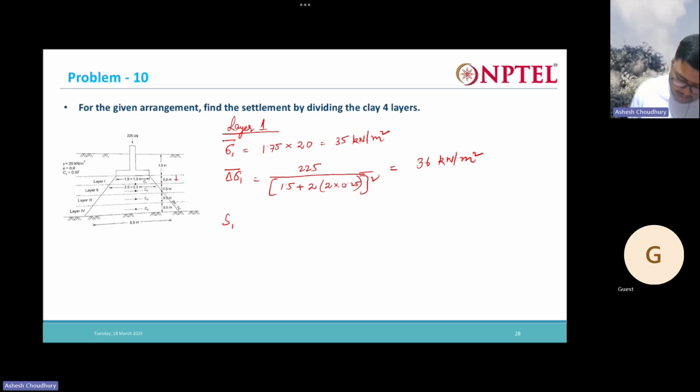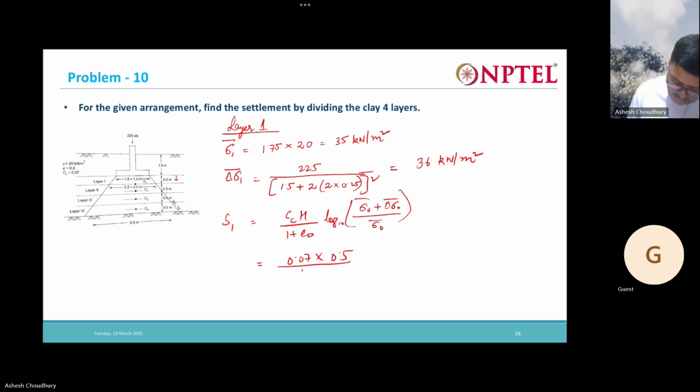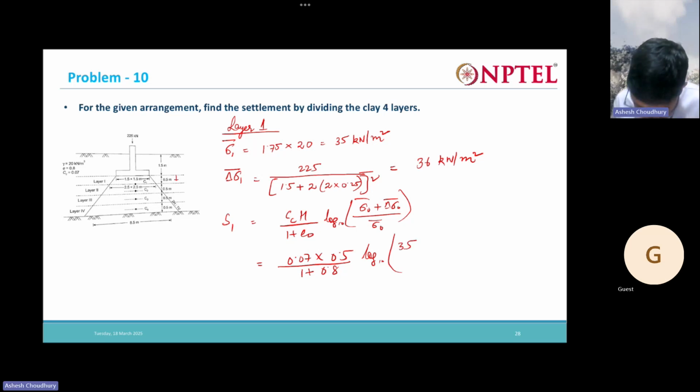Good. Settlement 1 is 2.07, it's given. Thickness of clay is 0.5, 0.8. 35 plus 36 by 35.